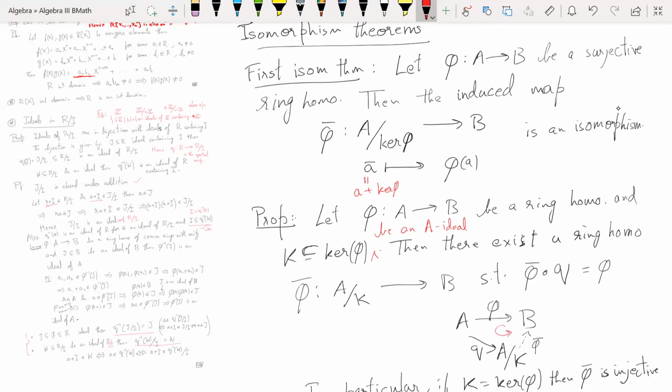Pictorially, this is a commutative diagram, which is what you would see in many algebra books or in future algebra courses.